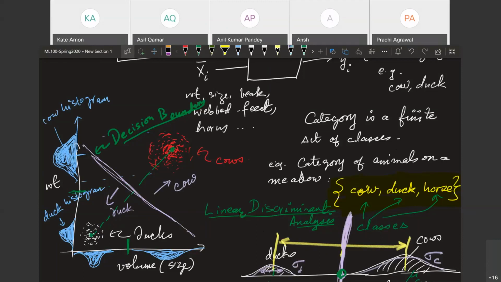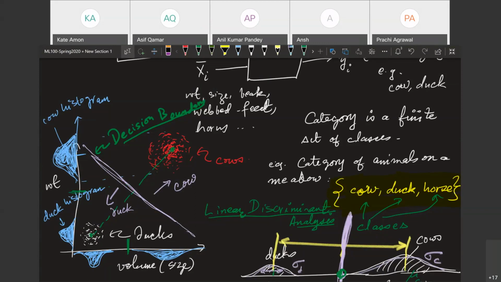If you do that, then creating a decision boundary is quite easy. You connect the two hilltops, which I've done here with the green line, and then you take the perpendicular bisector of that, and that becomes a good decision boundary. The decision boundary partitions the feature space into regions, one region for one class.